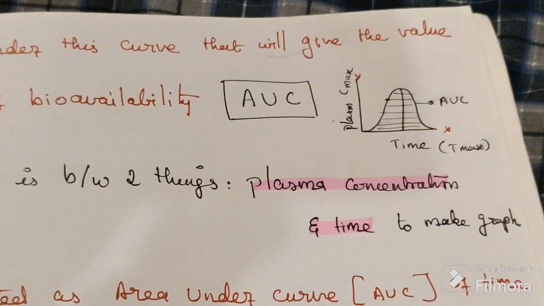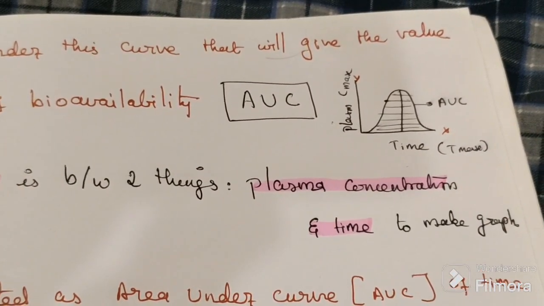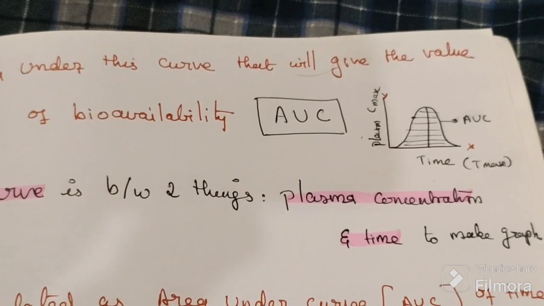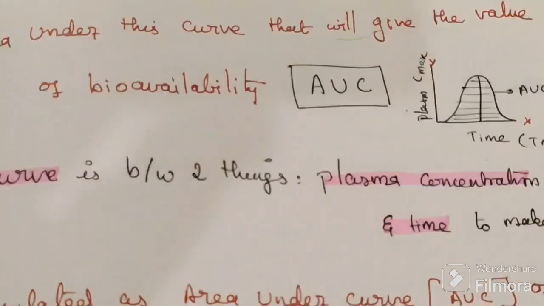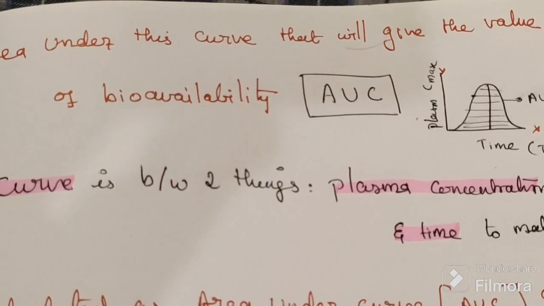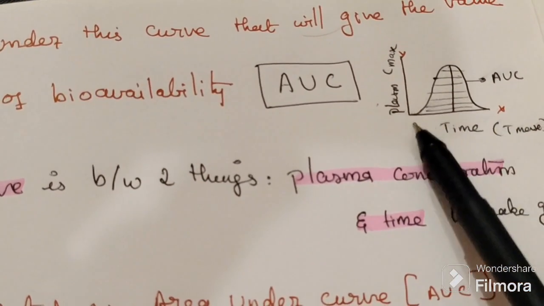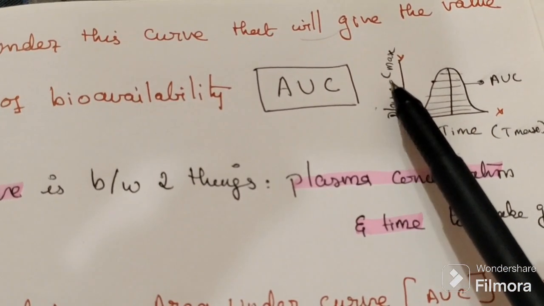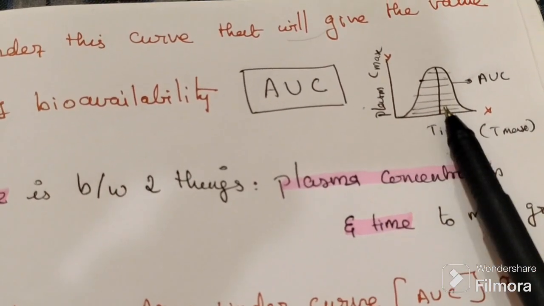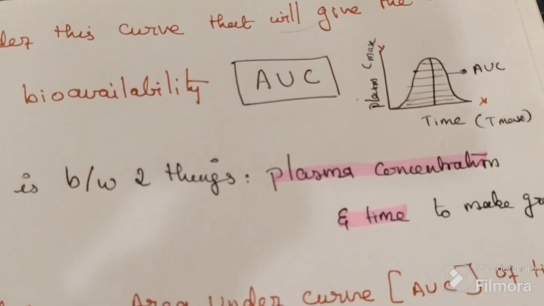It is known as AUC, area under curve. See the x-axis and the y-axis; this is the area of that curve, and this will give you the value.